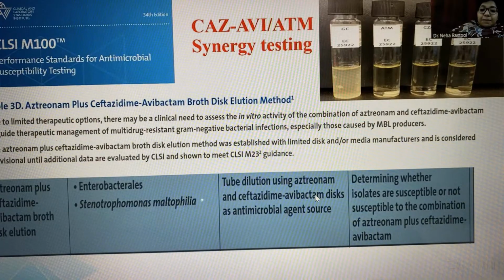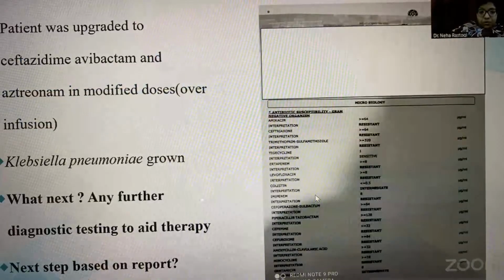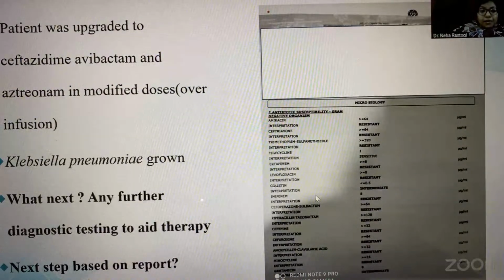So the broth and a disc-based elution system, or a drug elution system using the tubes as an antimicrobial agent source, is the most common technique which we are following in order to continue the usage of this product in the isolates or in practice also. The similar thing we applied, culminating the entire thing together: the patient was upgraded to ceftazidime-avibactam and aztreonam because at that time Emblaveo was not in the picture.